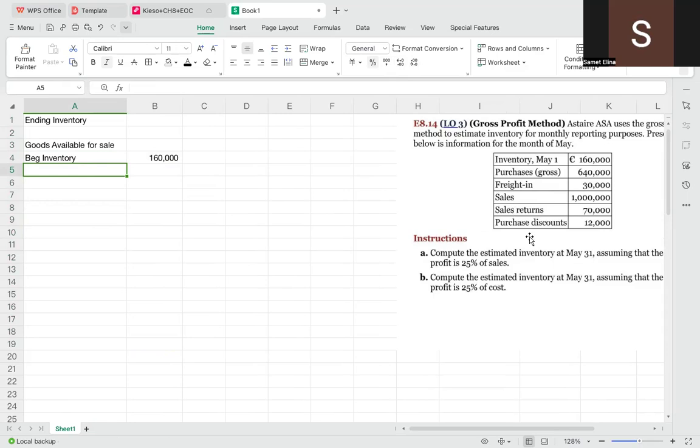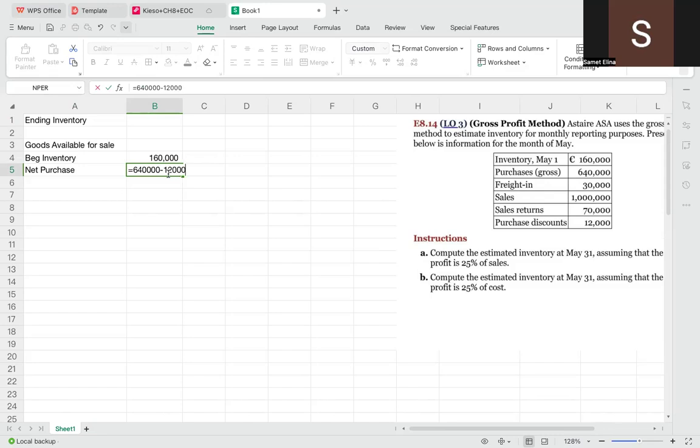And remember that we also have purchase discount. So here we can write net purchase, which is purchase minus purchase discount. So it is 640,000 minus purchase discount 12,000. This is our net purchase.